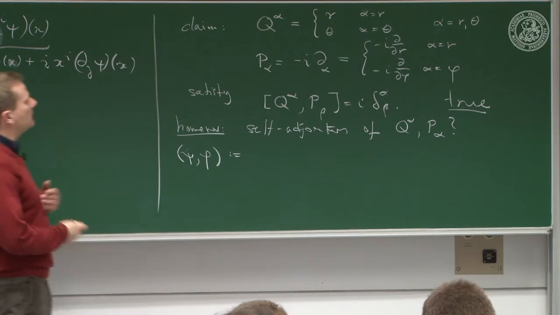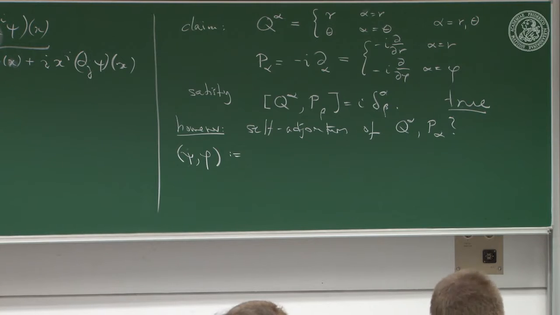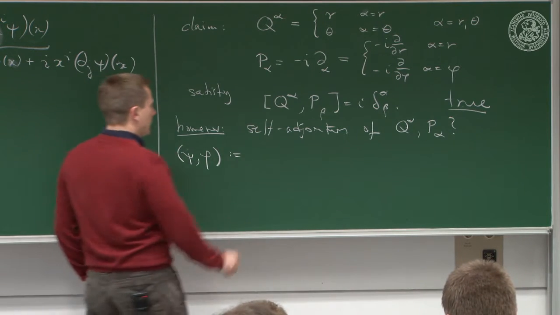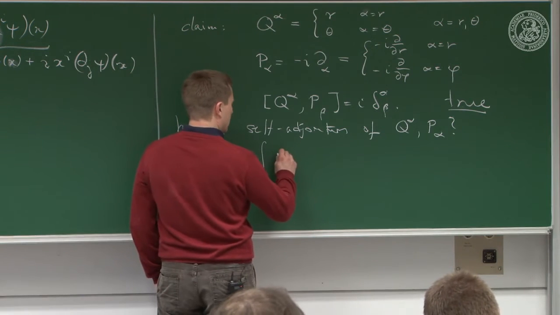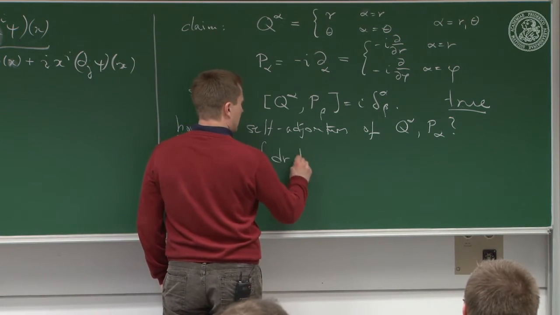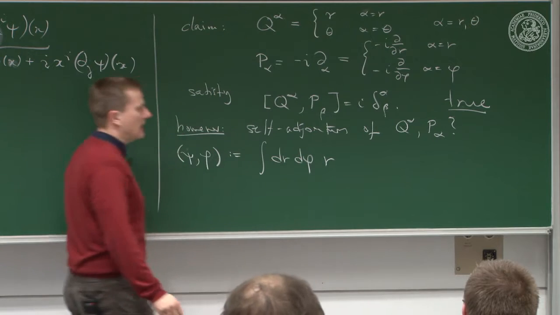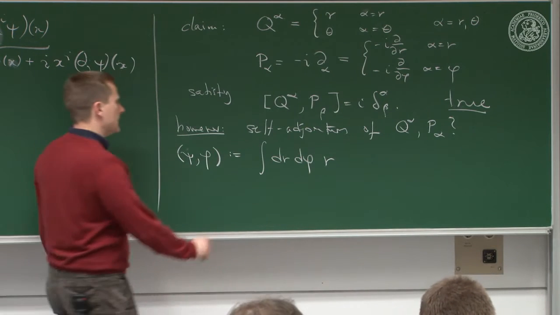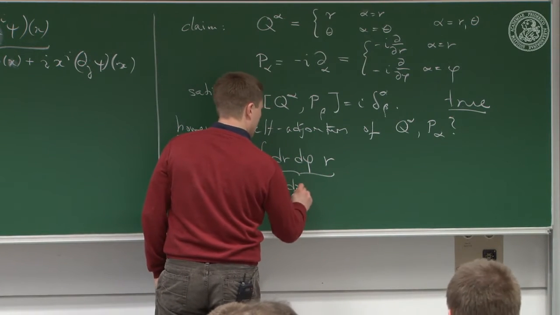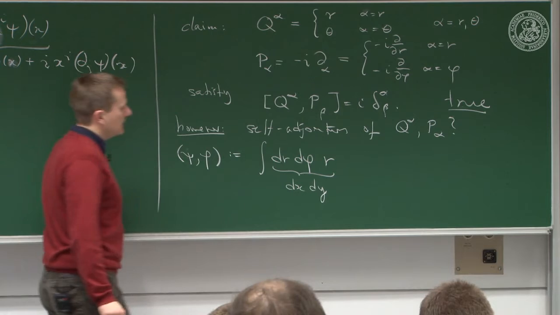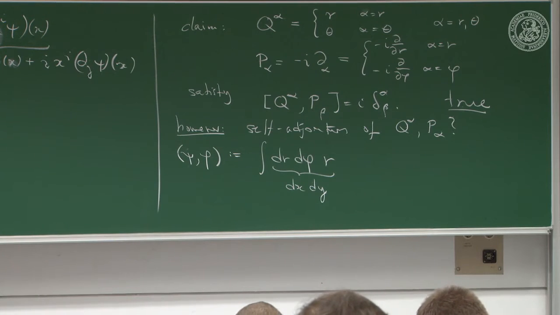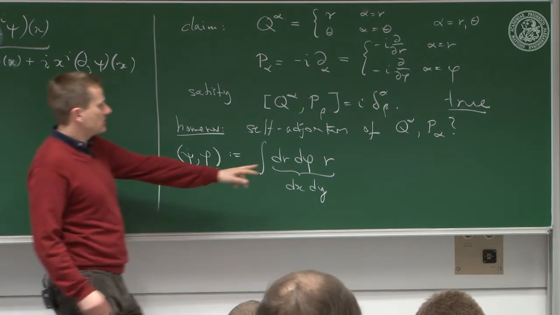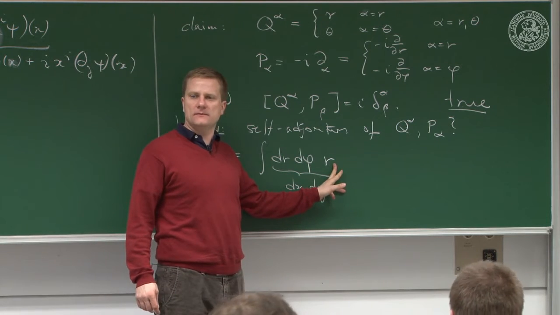And we're still adhering to the idea that this is a complex valued function, otherwise our calculations don't apply. If we now write down our two-dimensional integral, of course it's dr d theta times r, because this is the dx dy. Using the Jacobian of this coordinate transformation, we get this extra factor r.